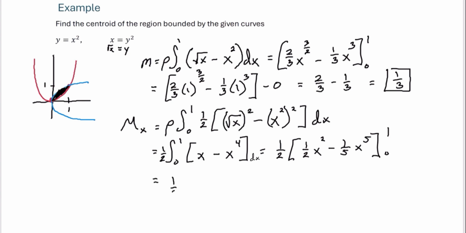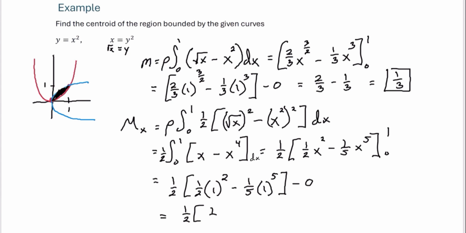We now have 1/2 times 1/2, plug in the upper limit of 1, minus 1/5, plug in 1 to the 5th, and subtracting 0 is not going to change anything. That is 1/2 times 1/2 minus 1/5. This will give us 3/20.